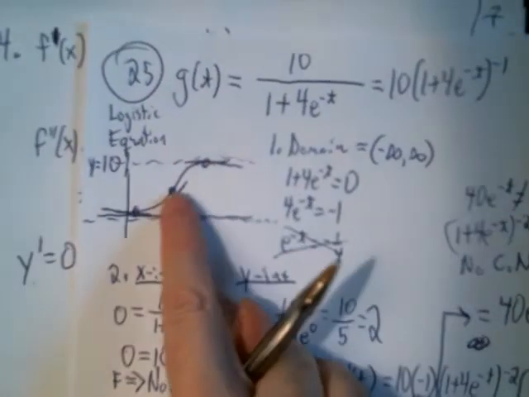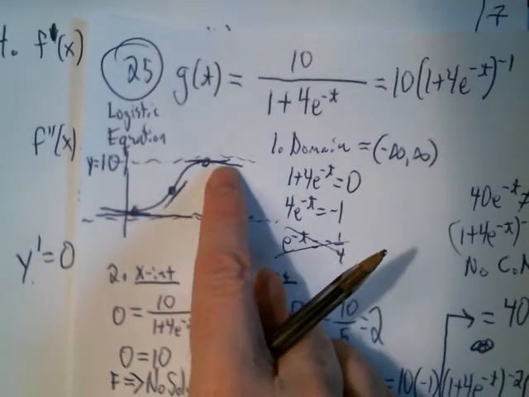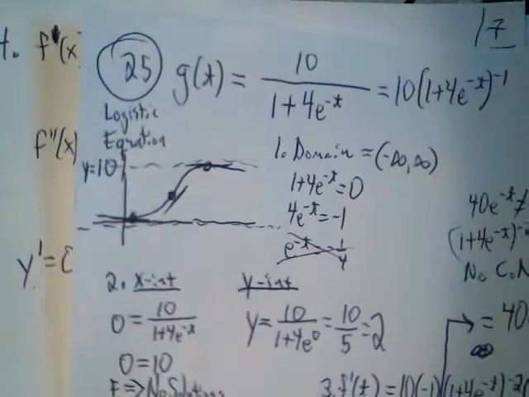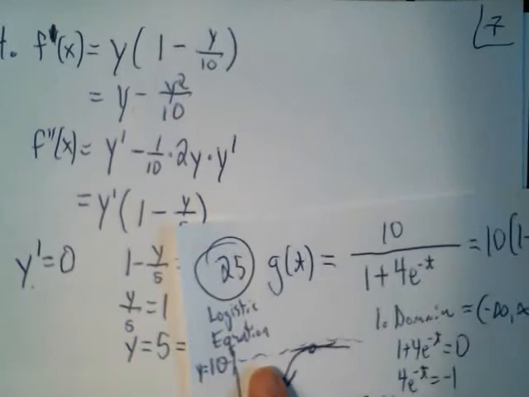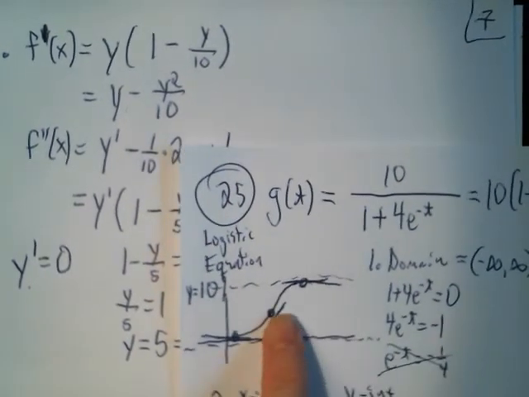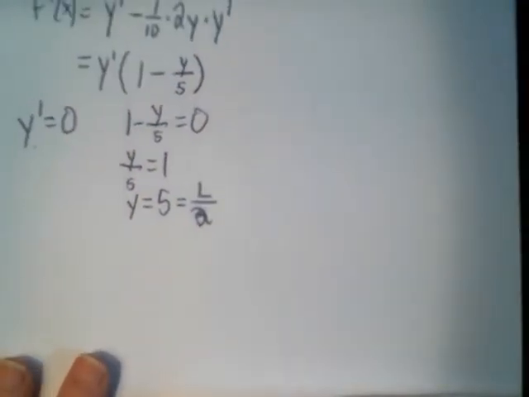So the limiting capacity, again, is the highest this value can grow. It's the maximum number of zombies you can have after they go nuts. So we said it's at y equals 10, and certainly the halfway mark is 5. The place where the zombification is maximized is right here at the inflection point.